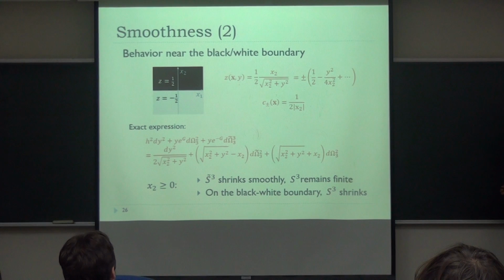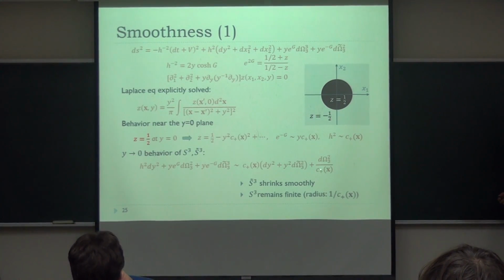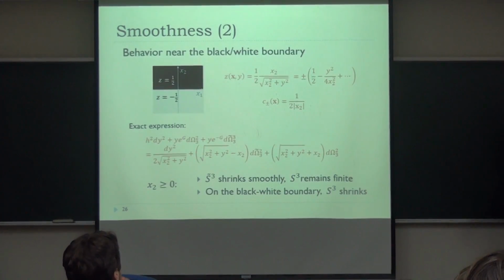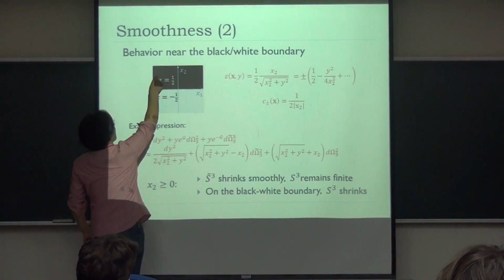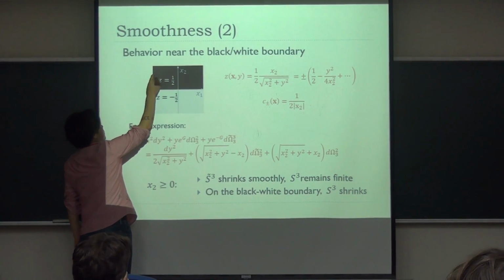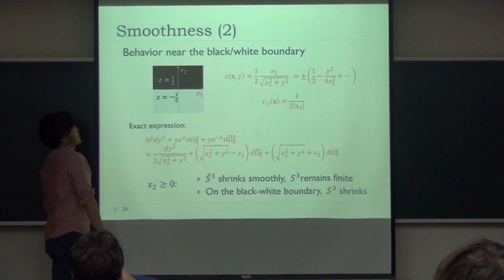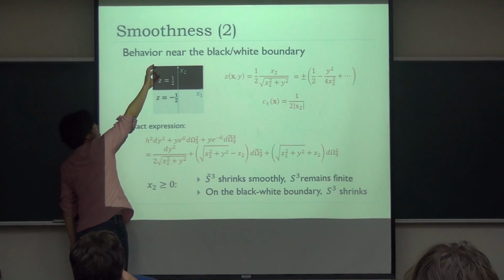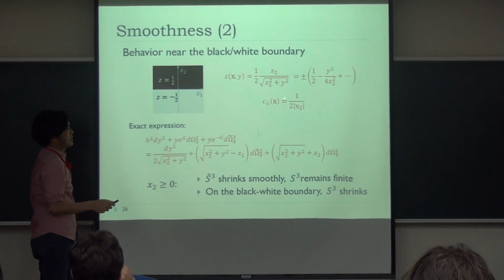And because, as I said, this function, 1 over c, is the radius of the non-shrinking S3, as you approach the boundary, over here the first S3, S3 tilde, is shrinking. But S3 is not shrinking, and the radius of that S3 is given by the inverse of this one.